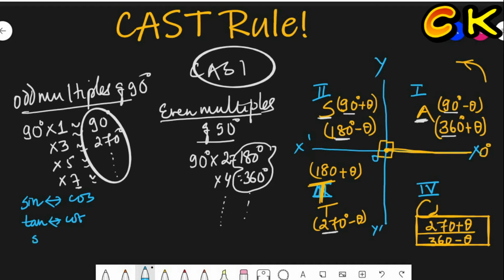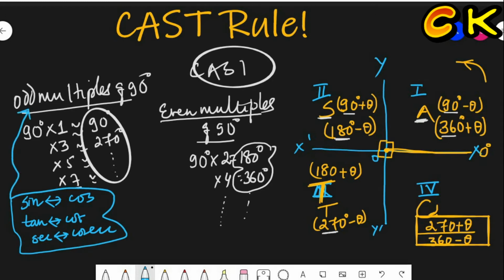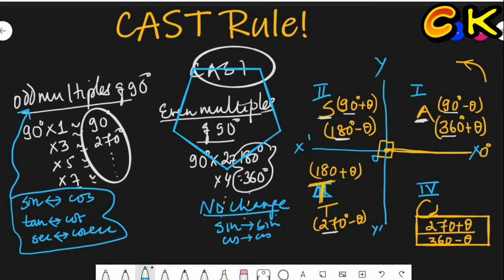If there is sec, then sec changes to cosec, and if there is cosec, it changes to sec. So this you should remember, in the case of odd multiples of 90 degrees. But for even multiples of 90 degrees, there is no change. That is, sine will be sine only, cos will be cos only, tan will be tan only, sec will be sec only, and cosec will be cosec only.